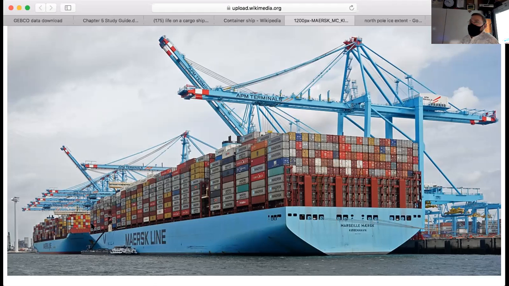So you load that bad boy up, 8,500 tractor trailers' worth, go across an ocean, get yourself to a new continent, and unload them. And that's a lot of clothes, appliances, everything that's shipped between continents goes in these integrated bulk containers.